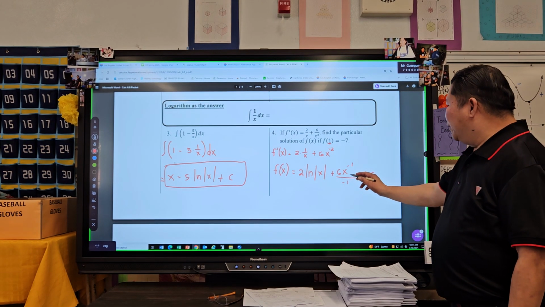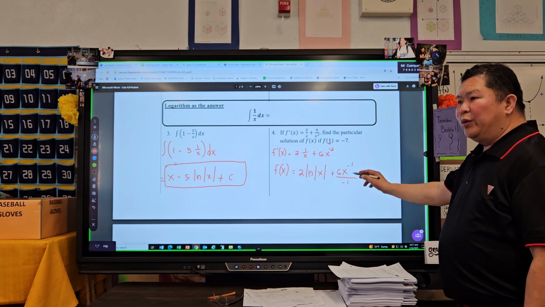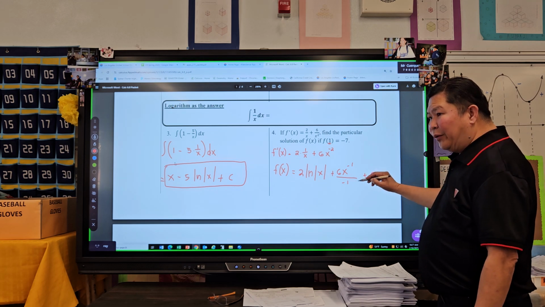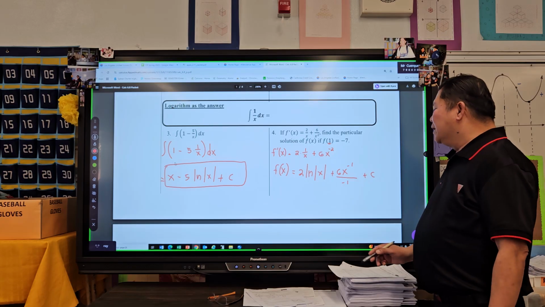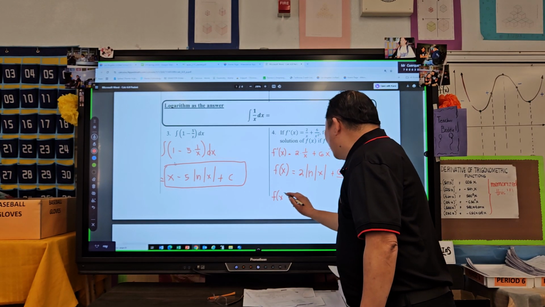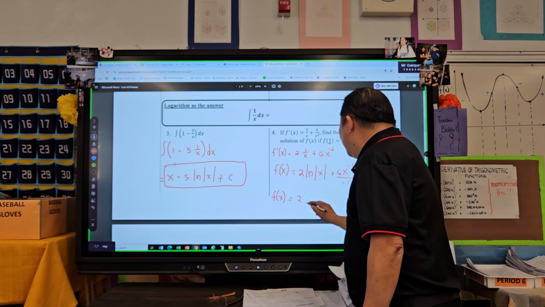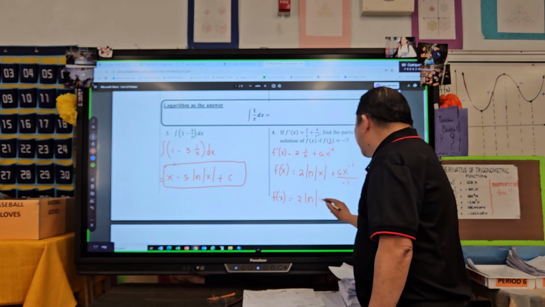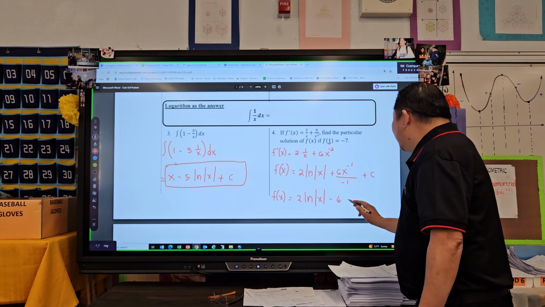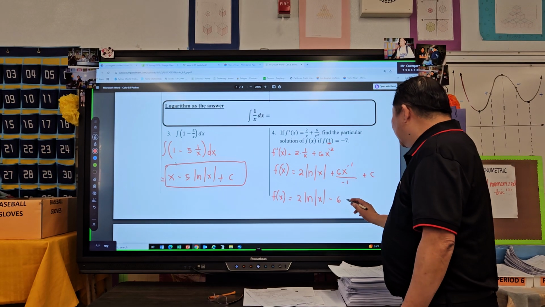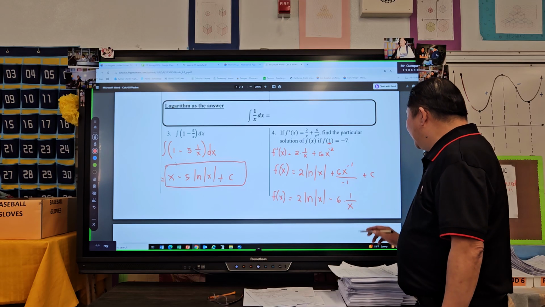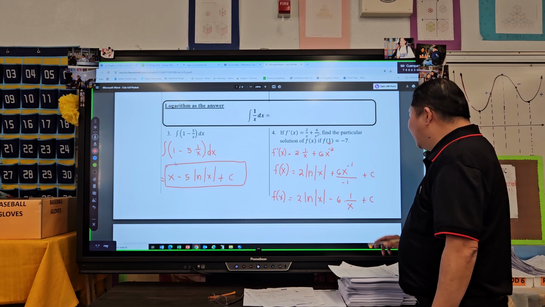And then what do we do with this? Can we bring this down? So we have f of x equal to 2 ln of the absolute value of x, minus 6 times 1 over x, plus the constant.